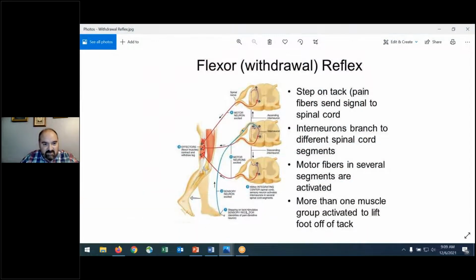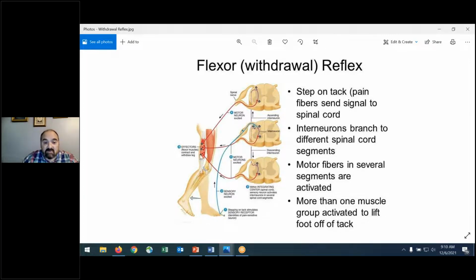For the withdrawal reflex, if I touch something sharp or hot with my lower extremity, and the muscles of the hamstrings contract, allowing for flexion of the lower leg, would it make sense that I should inhibit the extensors on that same, ipsilateral leg? Because if both of them contracted, what would you have? A stiff leg, and you wouldn't be moving away from what could cause you pain and discomfort.